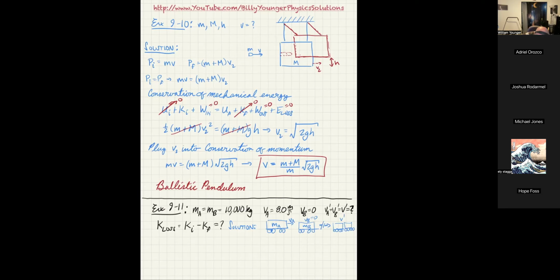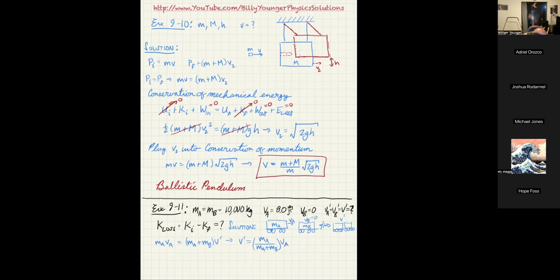Okay, so conservation of momentum gives us MA VA is equal to MA plus MB times V prime. Therefore, V prime is equal to MA over MA plus MB, times VA.